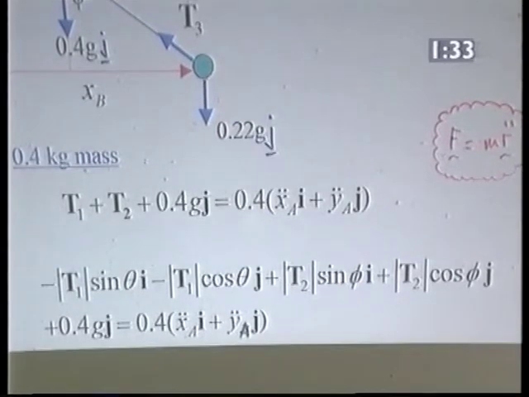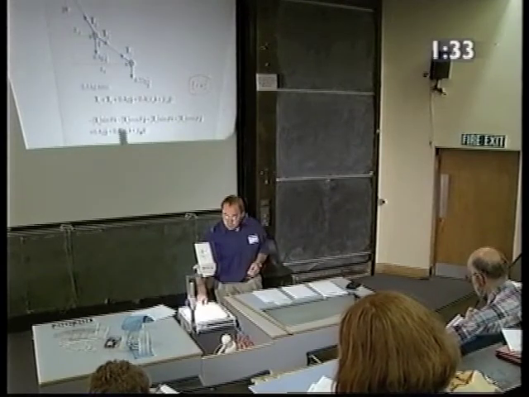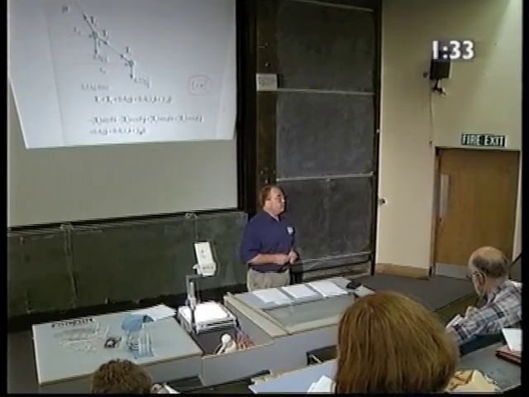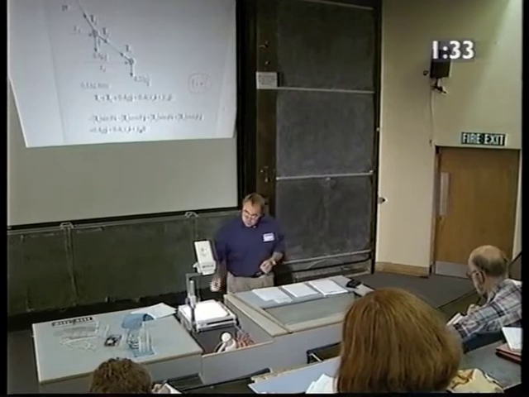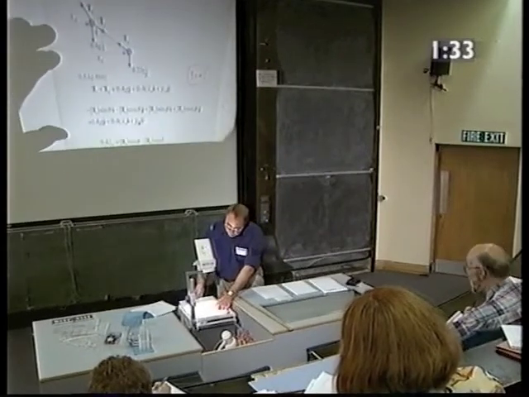T2 is this expression here, modulus of T2 sine phi i plus modulus of T2 cos phi j. That's just pulling in the expressions for the two tensions from the previous slide.